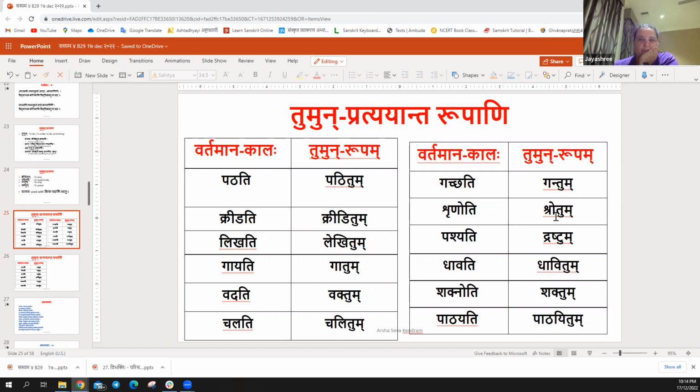Mama Mata Mantram Shrotum Ichati. Mama Mata Stotram, Mantram shrotum.